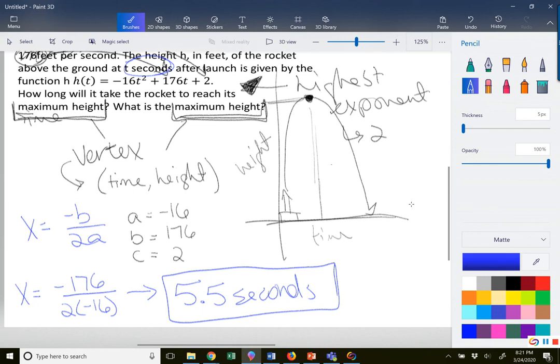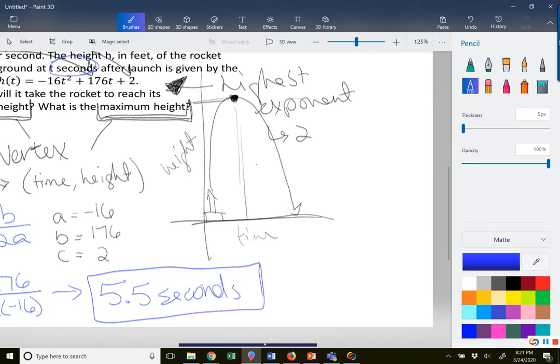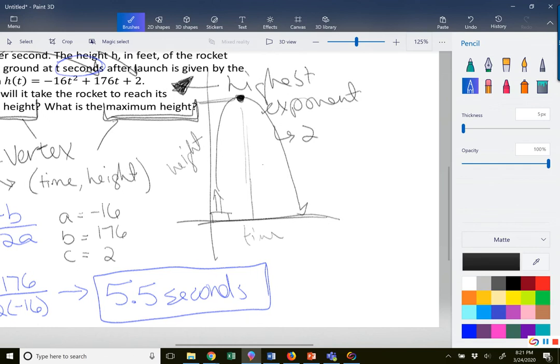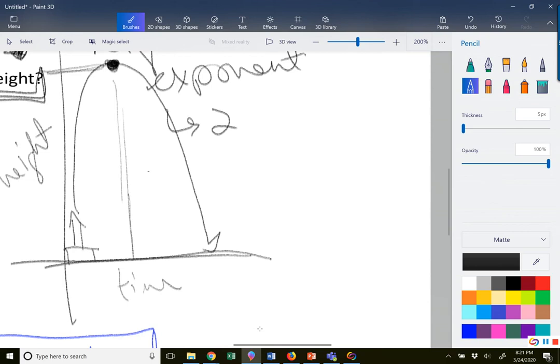To find the y value, you are going to plug in your time, plug in your x, your t. So I'm going to go back to my original equation. I'm going to zoom in a little so we have some extra room. My equation was h of t equals negative 16 t squared plus 176t plus 2.